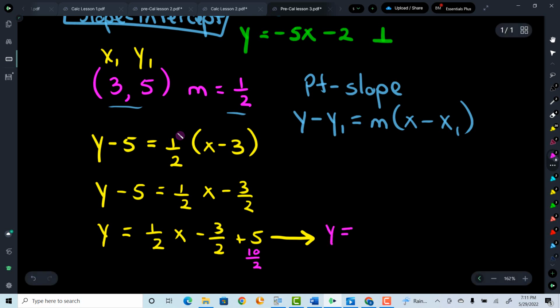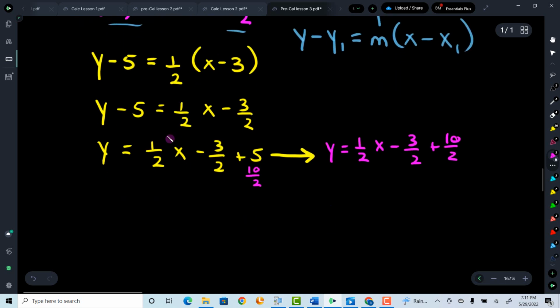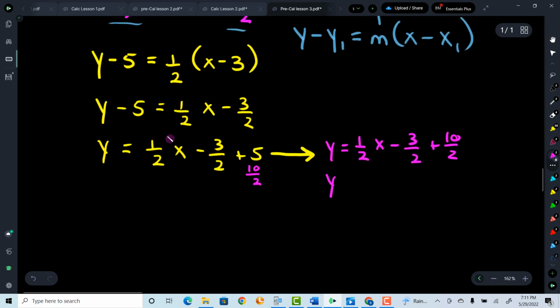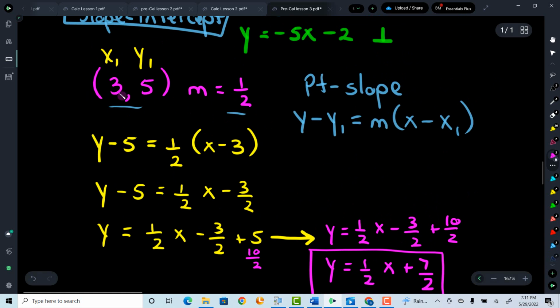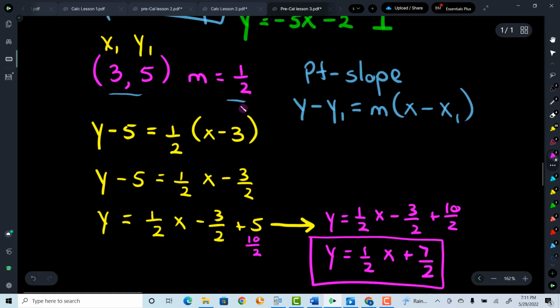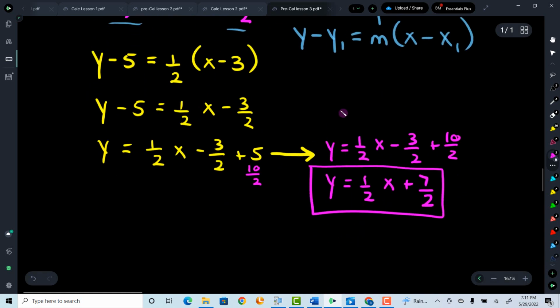So y equals 1/2 x minus 3 over 2 plus 10 over 2, which gives us 1/2 x plus 7 over 2. There's the equation of my line in slope-intercept form. I started off with a point and a slope, and I have the equation.